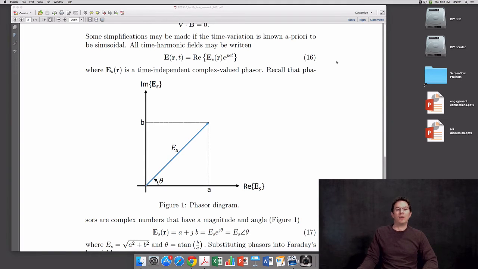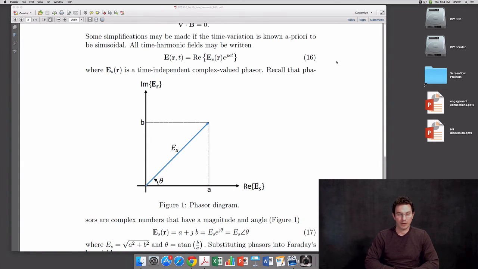What I'm about to do is very similar in spirit to AC phasor analysis from circuit theory. I would recommend that you go back and get your circuits book out and have a look at the phasor analysis section, because we're going to be doing the exact same thing. We're going to pass from time domain to frequency domain, solve a problem in frequency domain, and then go back to time domain, essentially by taking an inverse phasor transform.